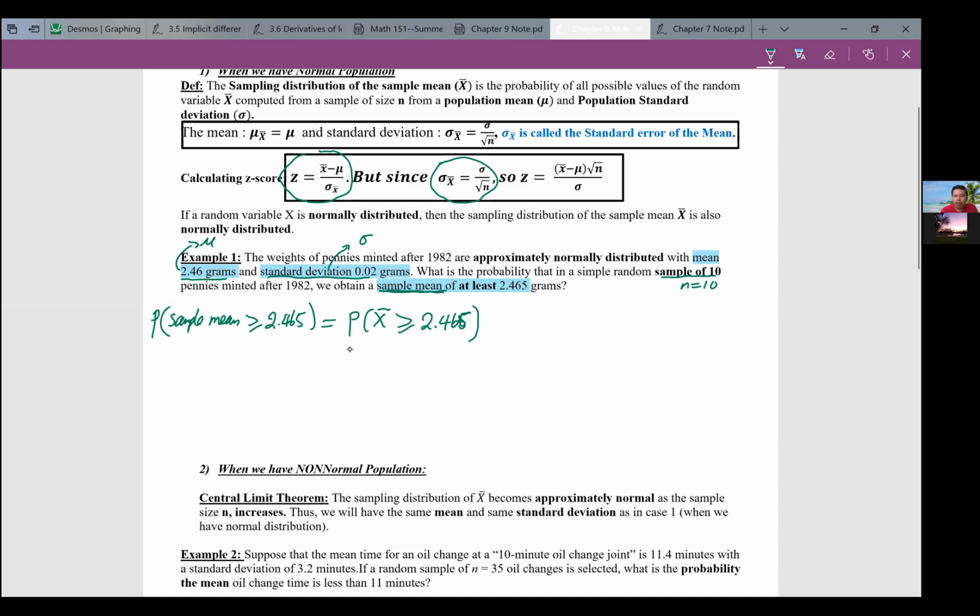All right, so this one is equal to probability of z bigger than or equal to (2.465 minus 2.46) times radical 10 and divided by 0.02. All right, second formula.